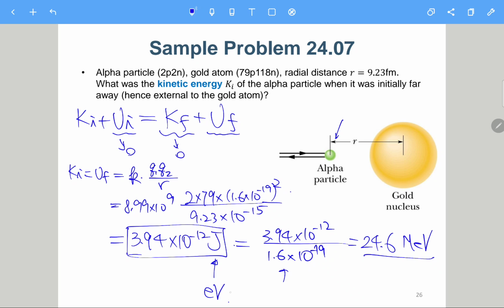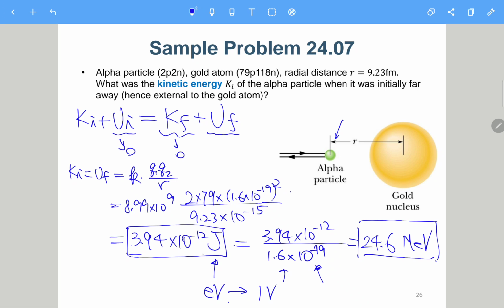So actually the eV means you use 1 volt electric potential to accelerate an electron, then the energy will be 1 eV. So both are acceptable. So joule is of course acceptable, and then MeV because this unit is quite small.